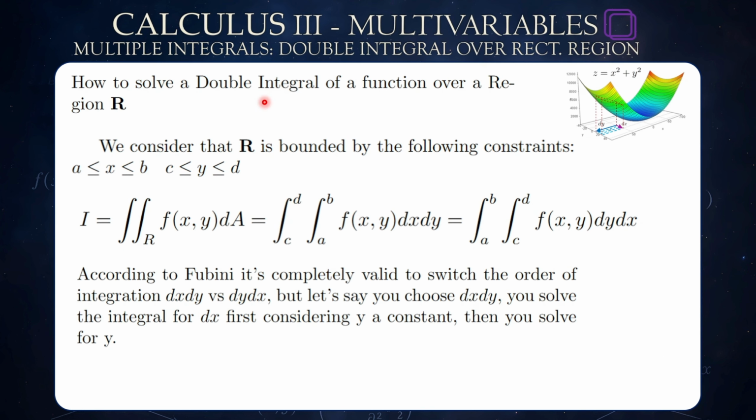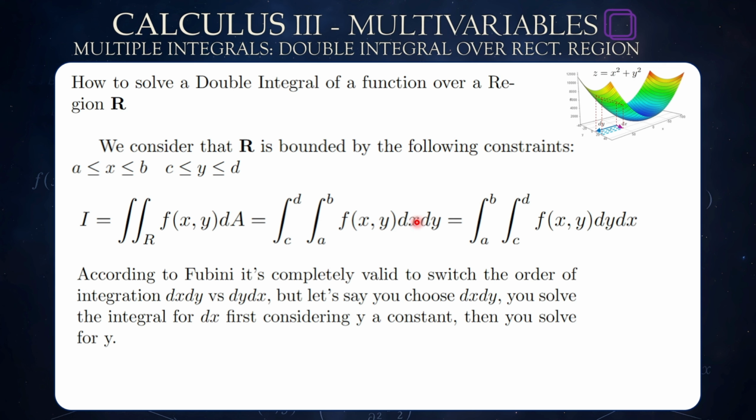How to solve a double integral of a function over a region R? Let's consider that our region is bounded by the following constraints: x is between a and b, and y is between c and d. So I is equal to the double integral over region R of f(x,y) dA, equal to the integral from c to d, then the integral from a to b, where c to d are the constraints of y and a to b are the constraints of x, f(x,y) dx dy.